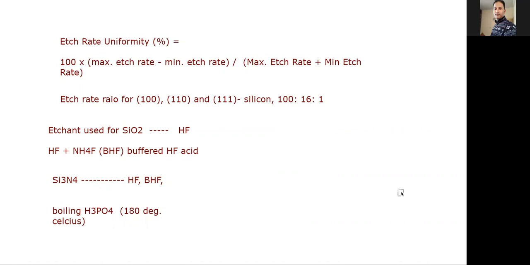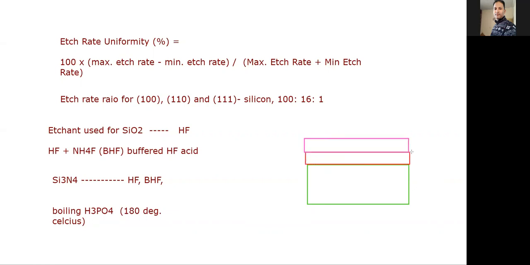Now see what happens. Let me draw a diagram. Say you have silicon, and let's make an imaginary setup. Above silicon we have an oxide, and above that oxide we have silicon nitride.